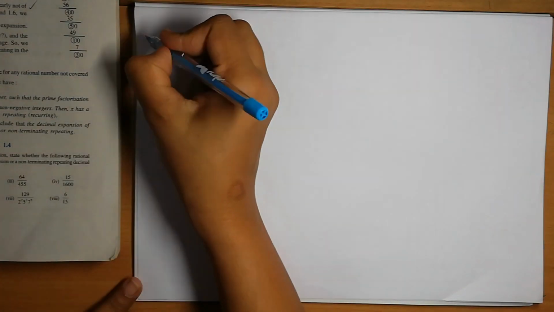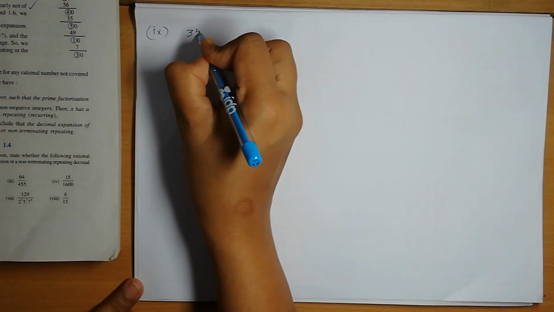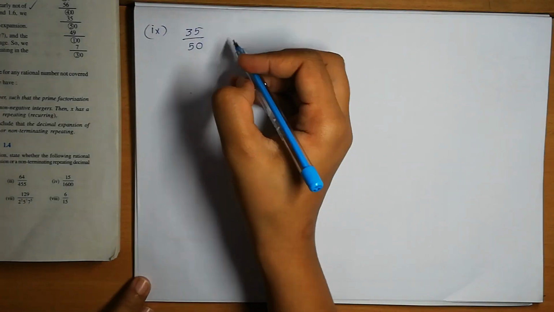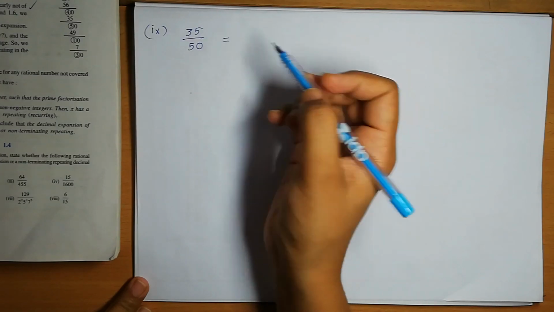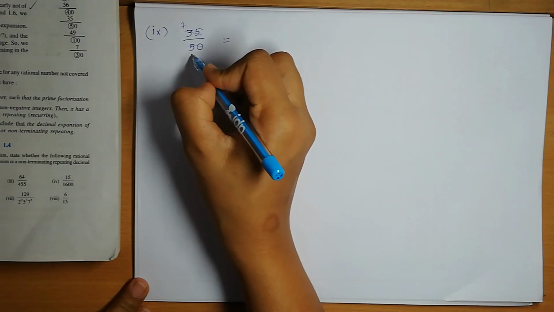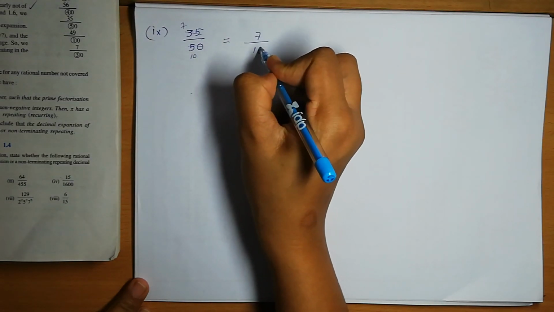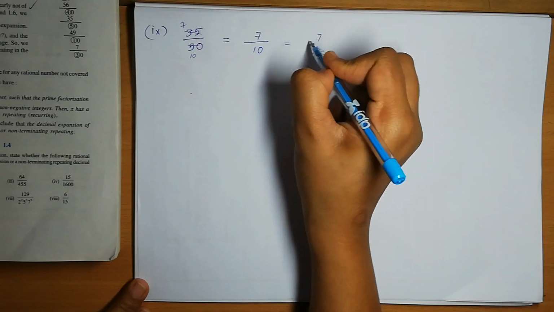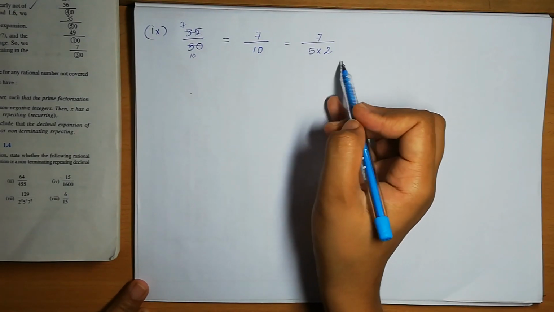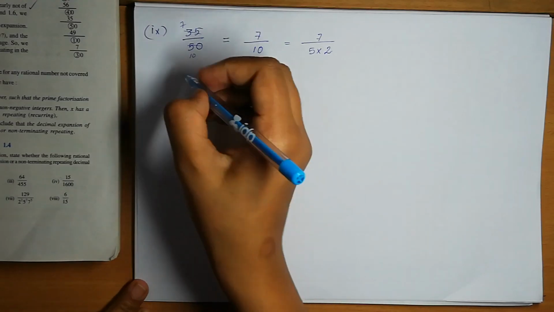Next, ninth one. 35 divided by 50. This one also we can cancel with the 5. 7 5s are 35, 10 5s are 50. So this one we can write as 7 by 10. That means 7 divided by 10, we can write the denominator as 5 into 2. That means the denominator is in the form of 5 power m into 2 power n.